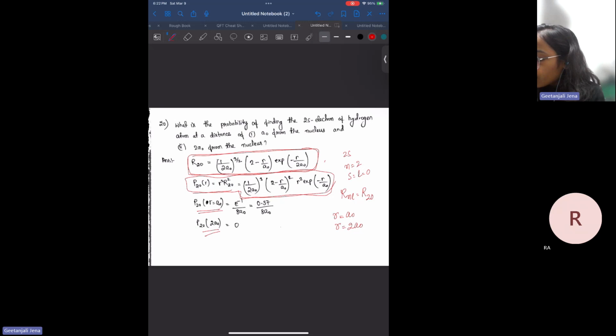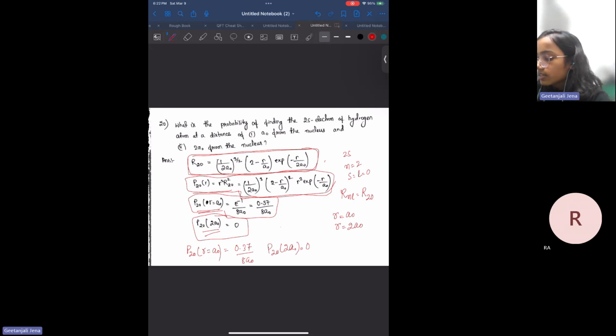So now if you put this, then for r equal to a0, you will get this value, which is 0.37 by 8a0. And for 2a0, you will get the probability density is 0. So the probability of finding this electron at r equal to a0 is 0.37 by 8a0, and the probability of finding this 2s electron at 2a0 is 0.